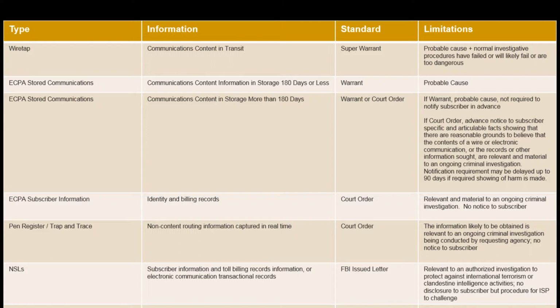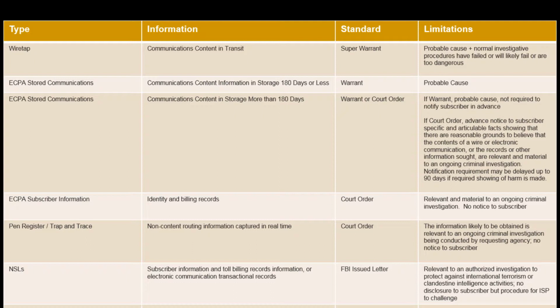The ECPA divides the content of communications from what we might consider header information, which is information about the transit or identity of who is receiving certain communications. If you notice here, if the information is in storage 180 days or less, the government is required to get a warrant showing probable cause.